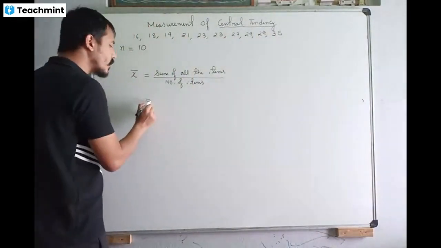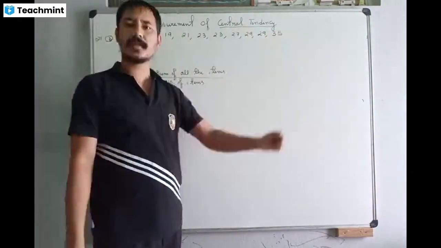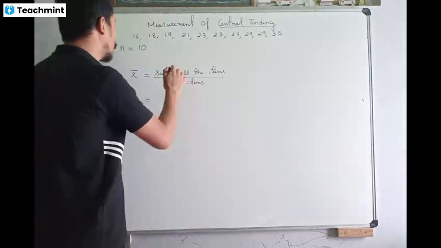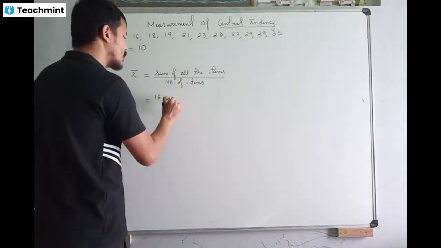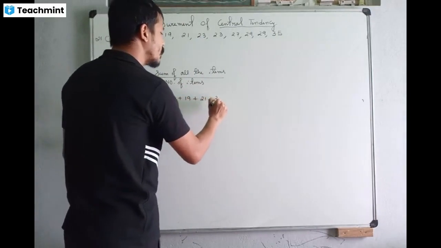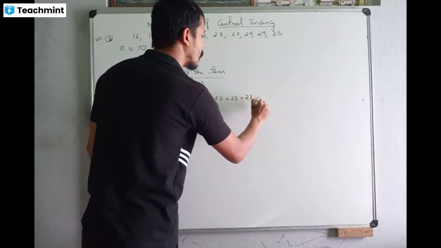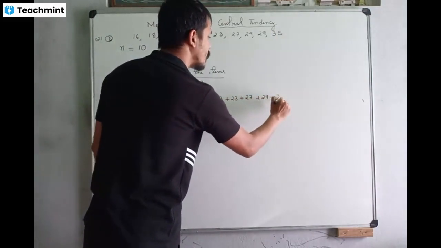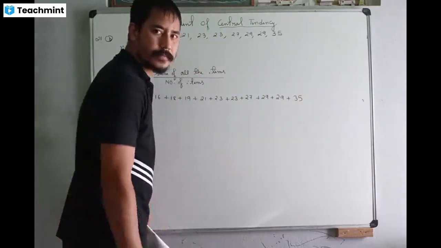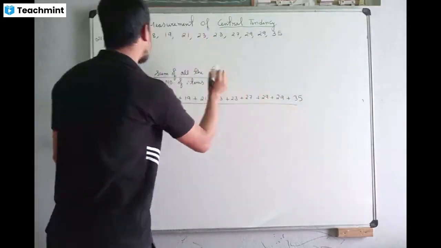So the arithmetic mean for any ungrouped data will be given by the sum of all the items in the series divided by the number of items. It is 16 plus 18 plus 19 plus 21 plus 23 plus 23 plus 27 plus 29 plus 29 plus 35, divided by the number of items, that is 10.